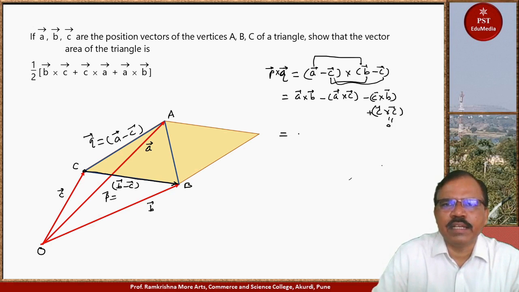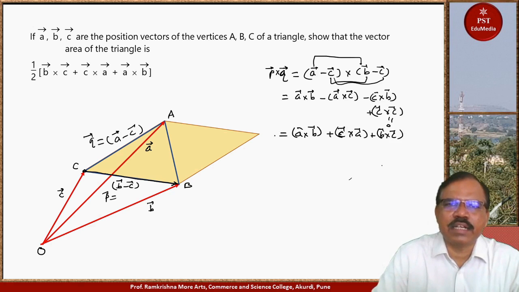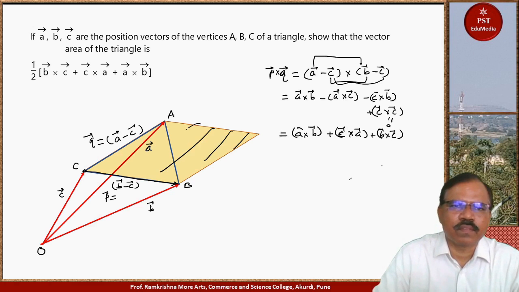So we get A cross B. Now minus A cross C can be C cross A, and minus C cross B is B cross C. So this is the area vector of this area.